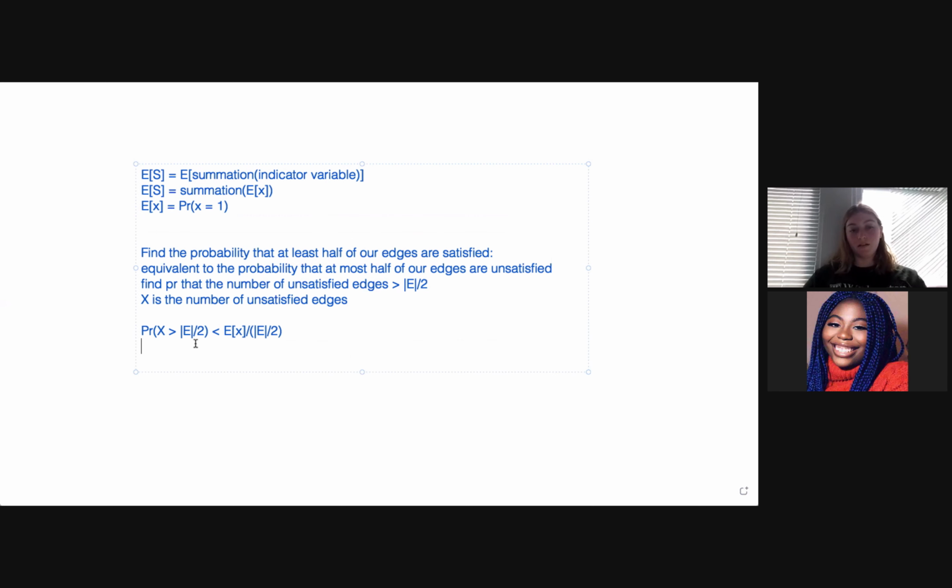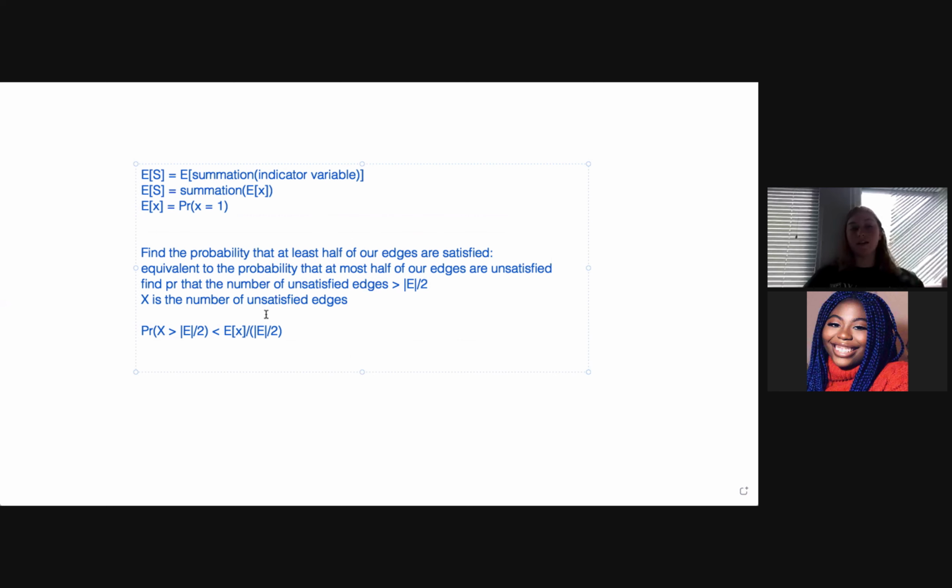Does that make sense? The reason that we're making that a is so that we're finding the probability that the number of unsatisfied edges is going to be greater than e over 2. So you essentially choose the value of a that gives you the probability that you need. Okay, I see that now. Yeah, that's the kind of confusing part.